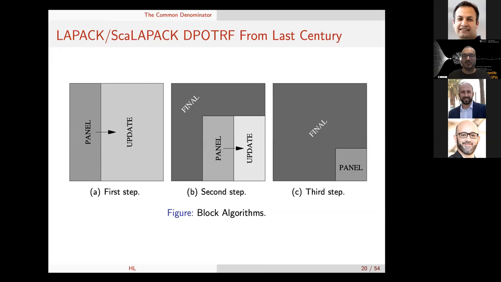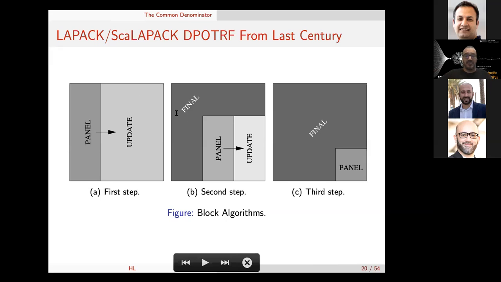Level 3 BLAS are those BLAS that are rich in arithmetic intensity. They are GEMM, basically matrix multiplication, so this is where most of the performance is extracted. You block your operations here, and then you apply them at once using a fast implementation of matrix multiplication.